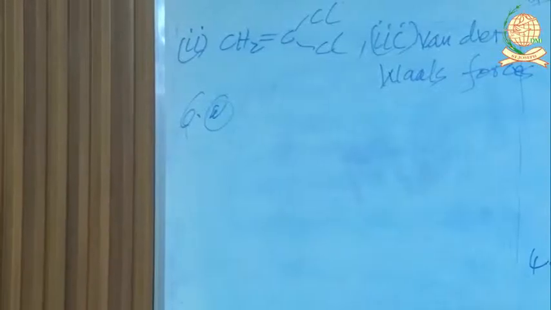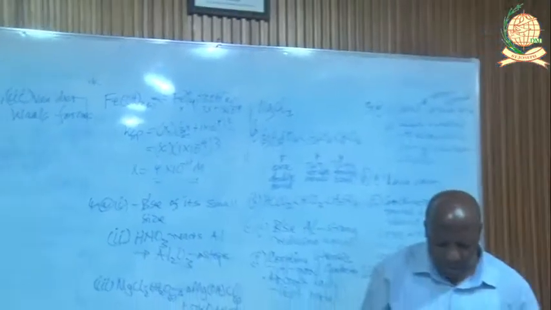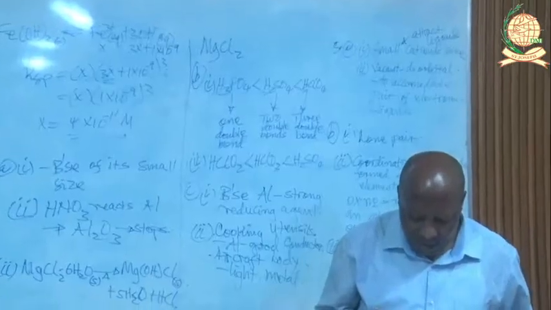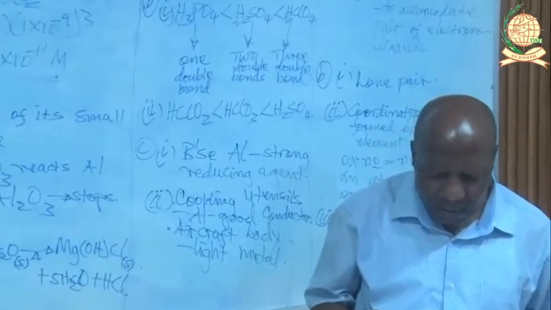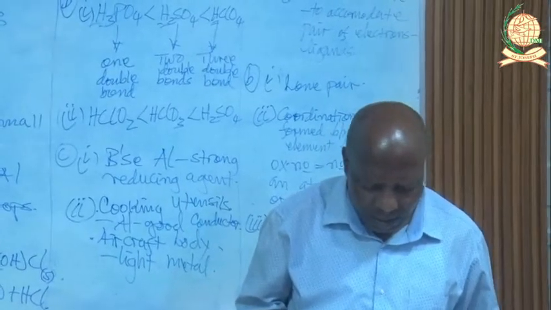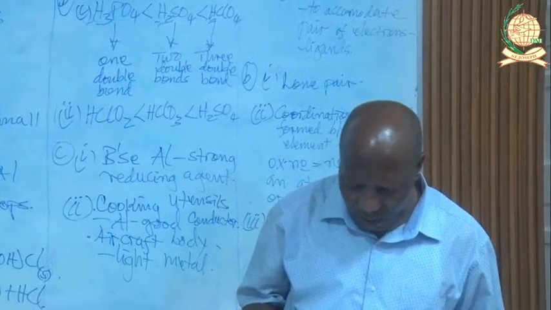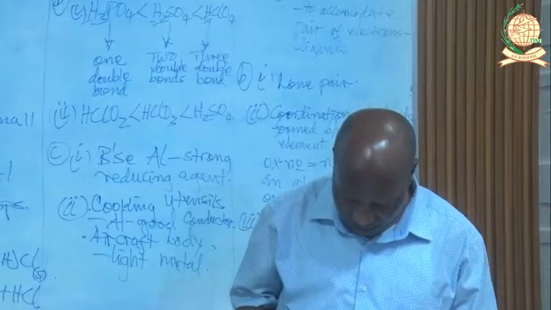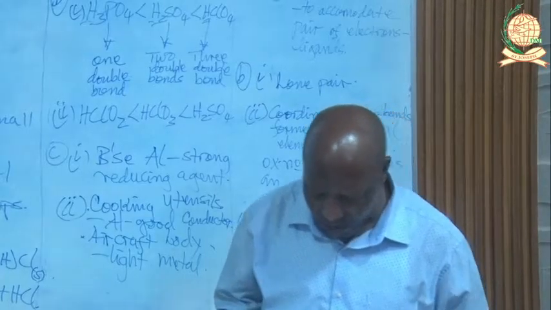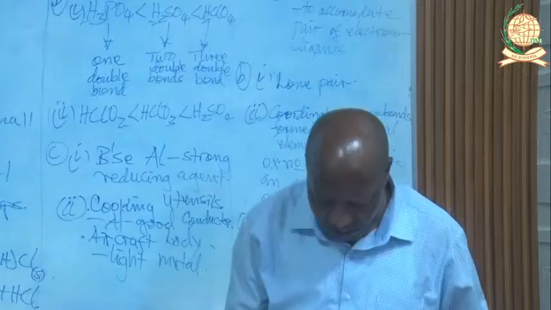Now the question says: A. Draw the structural formulas of each of the following compounds. The compounds are Roman 1, 2, 3, and 4, up to Roman 5. Write the structural formulas of these compounds.